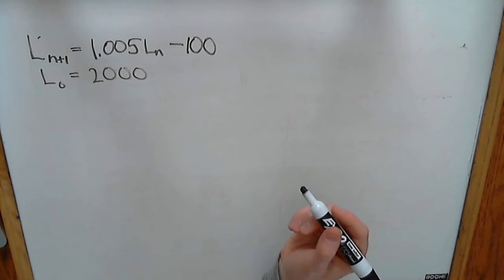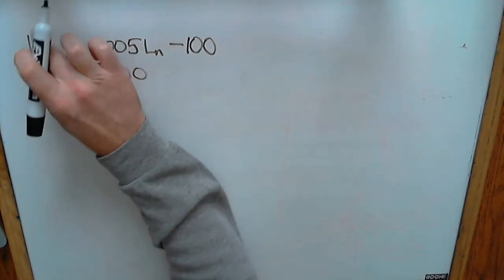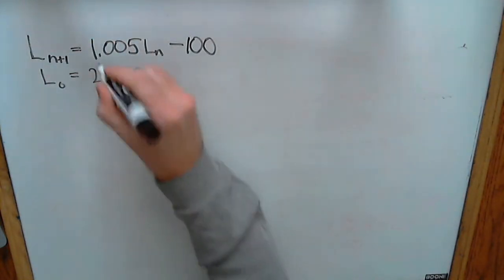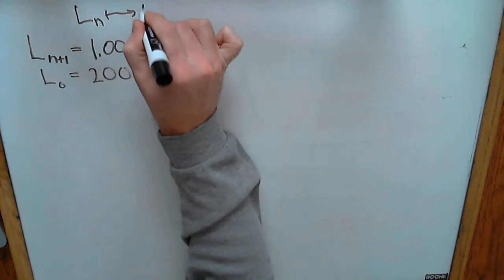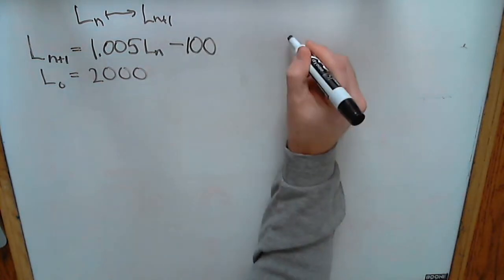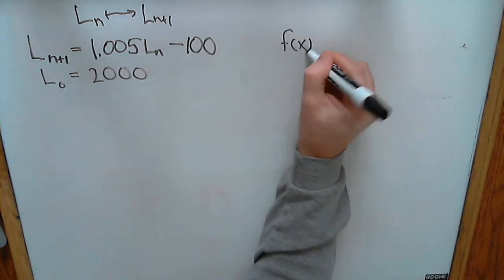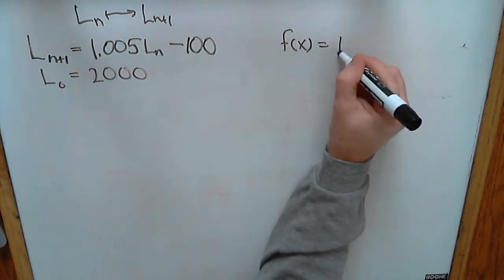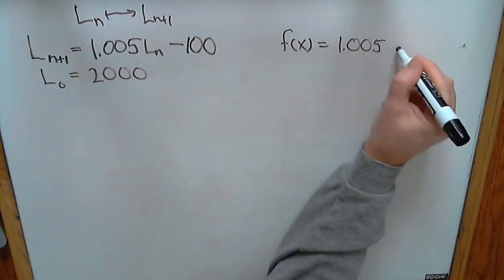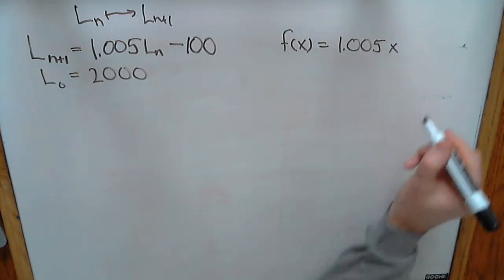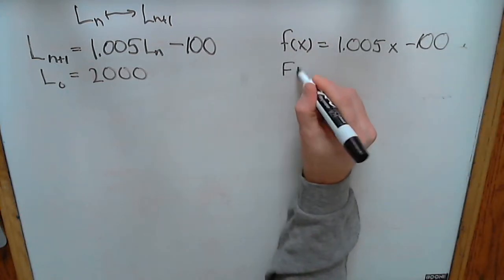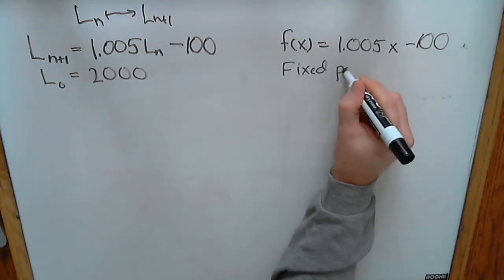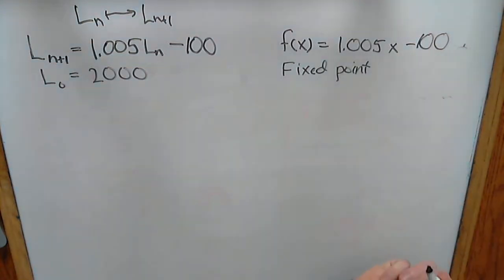So when I have a recursive model where I have a projection function, so here's my input, my old balance is the input, my new balance is the output. That means my projection function takes my input, multiplies it by 1.005, and subtracts 100. I can find a fixed point. And that's what would lead to an equilibrium solution.